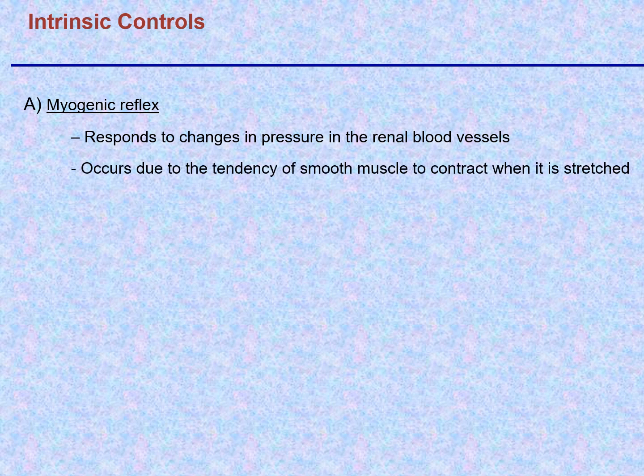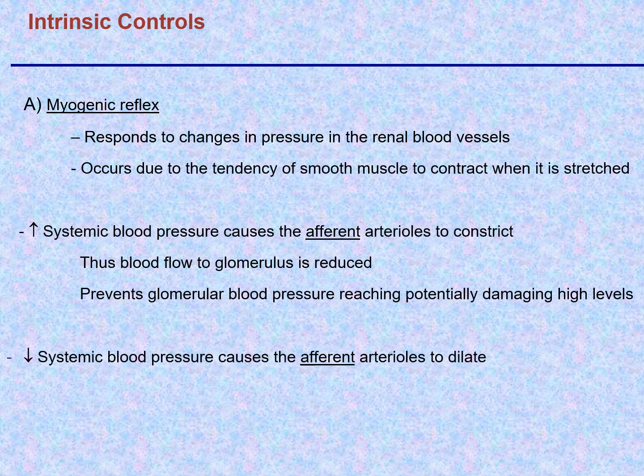The myogenic reflex is a response to changes in pressure in renal blood vessels, in the inflow of blood into the kidneys, particularly into the glomeruli. And it occurs as a result of the inbuilt response of smooth muscle to being stretched.